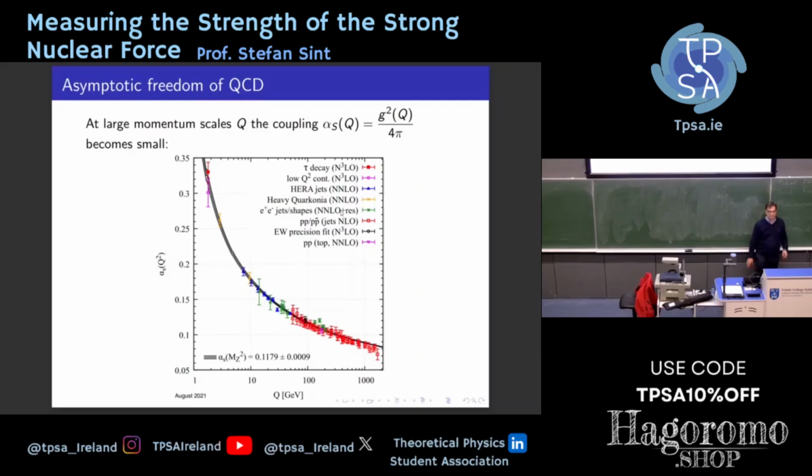This is a fairly recent plot from the PDG, the Particle Data Group. There's a long report on QCD, with a long chapter on alpha S determinations, which treats all these different categories and explains all the details. If you are interested, just go to their website and have a look.